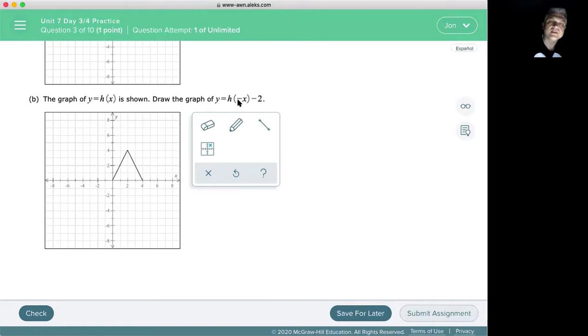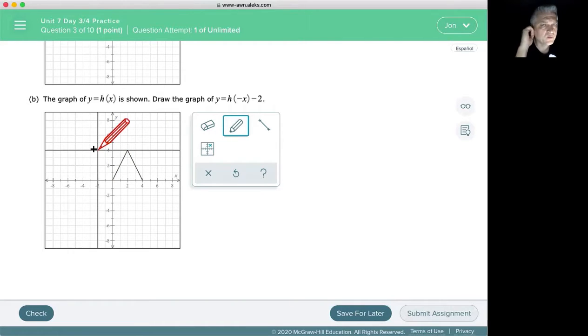So in the parentheses, there is a negative with the x. So we would change the signs of any x's. So that's the first thing we would do, okay? So let's look at this point right here, 2, 4. Change the sign of that x. It would go from 2, 4 to -2, 4, okay?